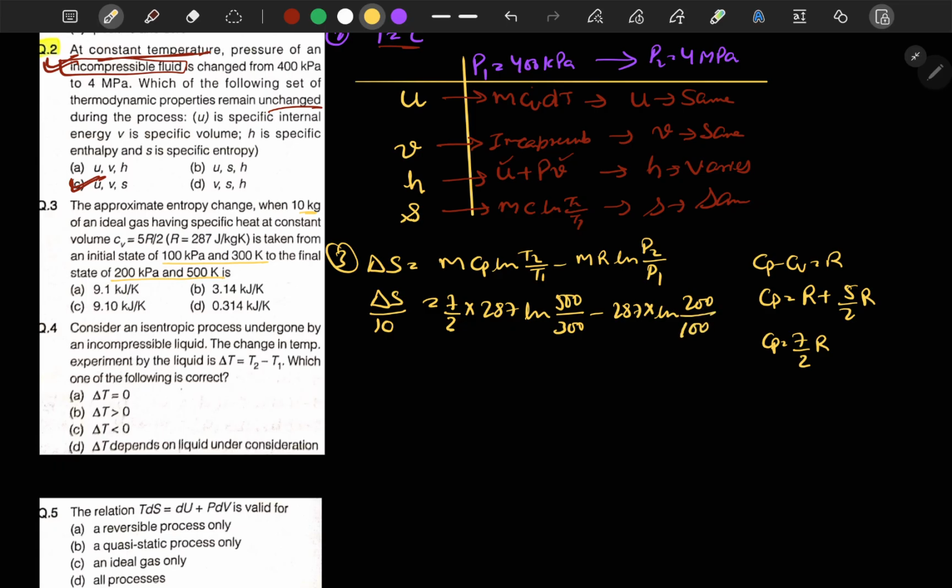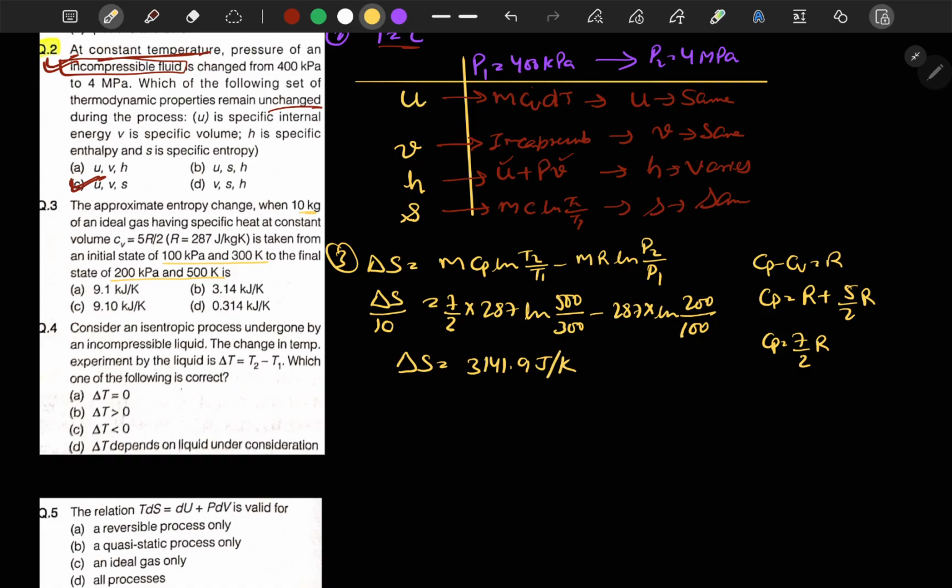Okay, so when we calculate this, we get the value of delta S equal to 3141.9 joule per Kelvin.